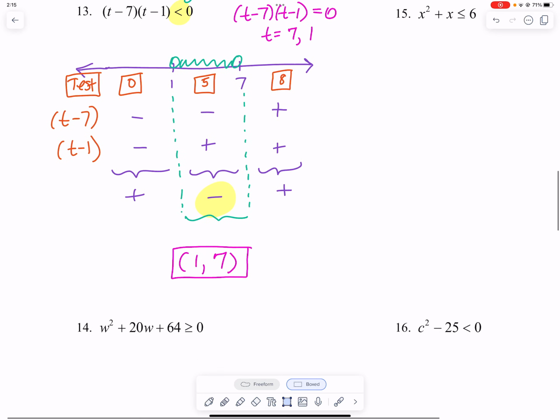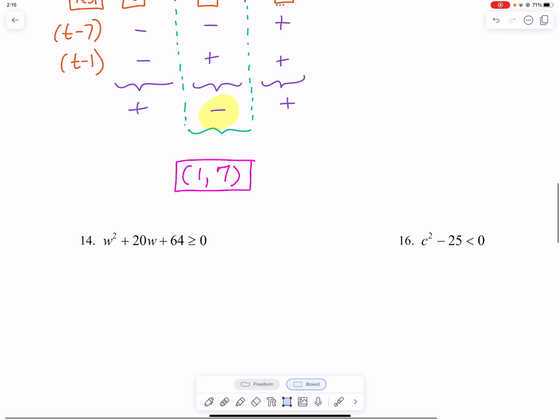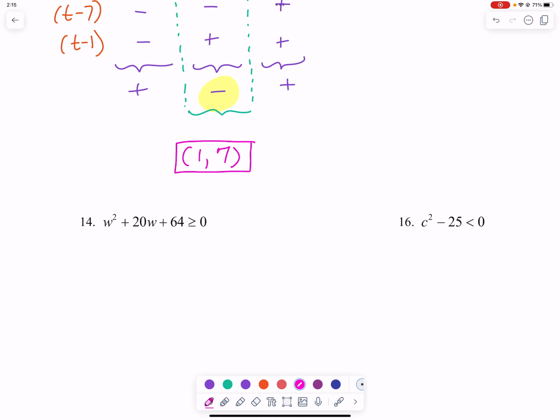Looking at number 14, we have some factoring to do. So we have two numbers that we're looking for that multiply together to give us 64, and add together to give us 20.